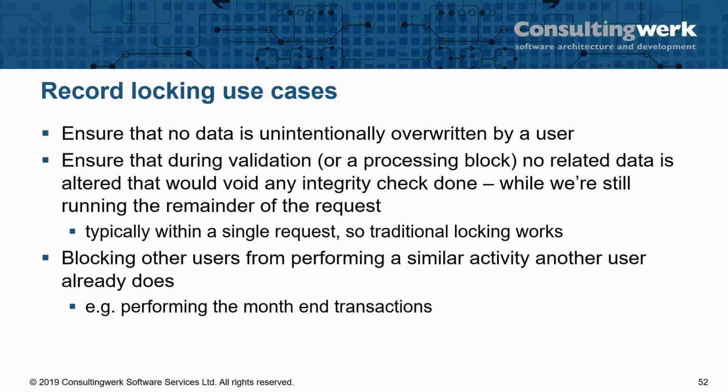But that's typically within a single request, so the traditional record locking works. Maybe you use record locking to stop users from doing the same stuff in parallel, like month-end transactions. You want to make sure that when one user is running the month-end transactions, no other is doing that. And I've seen applications where that's done by locking the login company record also.